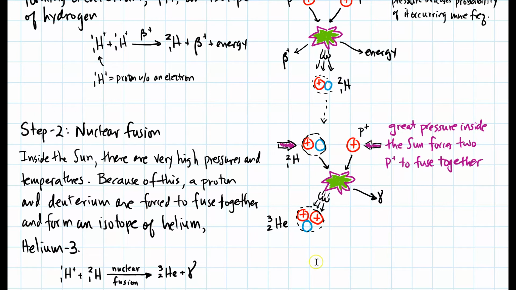And when they fuse, they now become helium-3 with the emission of a gamma ray. So the nuclear process here has a proton plus hydrogen-2, deuterium. They fuse nuclearly and they produce helium-3 plus gamma.